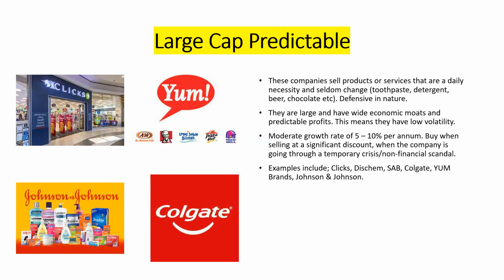That is why we also, like with large cap companies, exercise caution and patience. We wait until they are significantly undervalued due to a temporary crisis or scandal. Examples include companies like Clicks, Discam, South African Breweries, Colgate, Yum Brands, Johnson & Johnson.